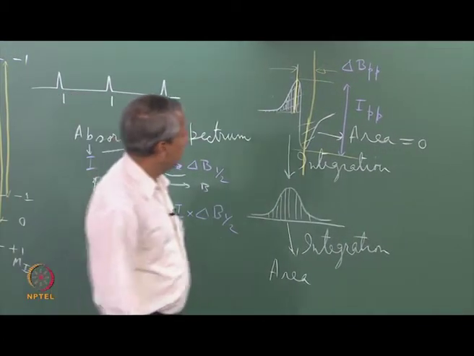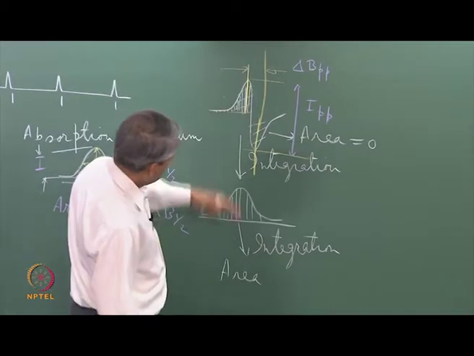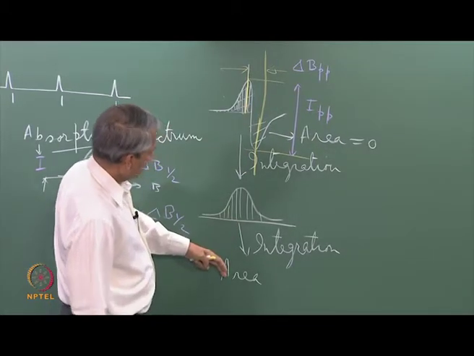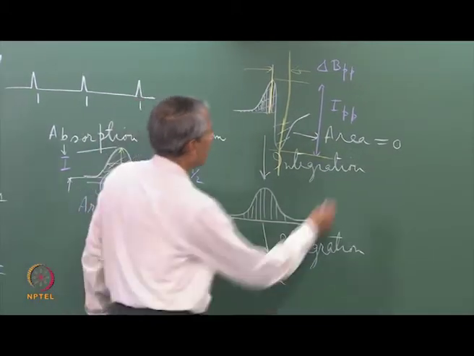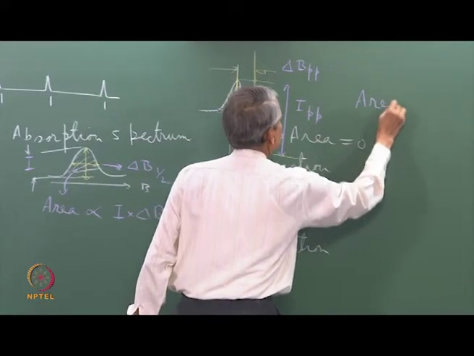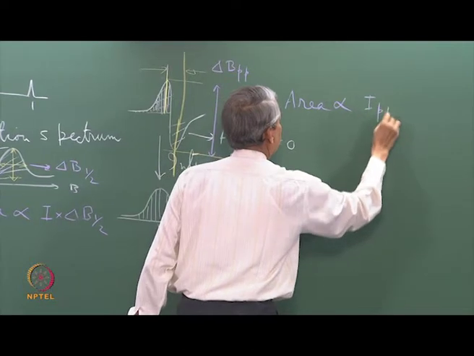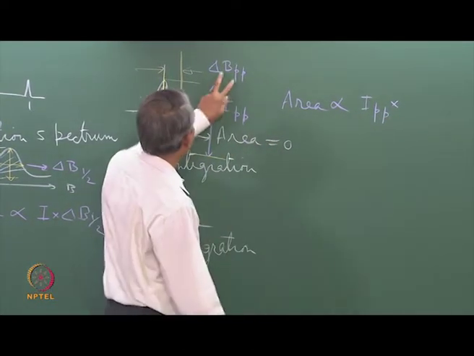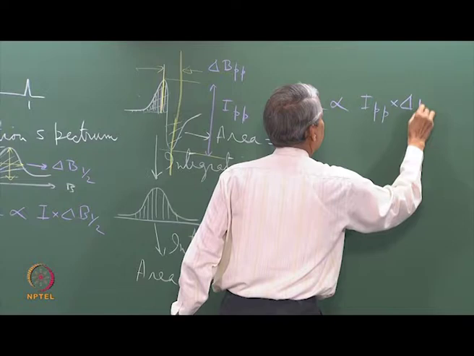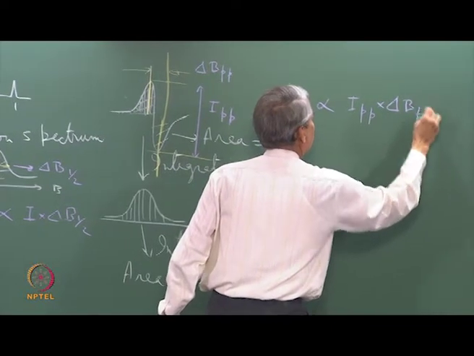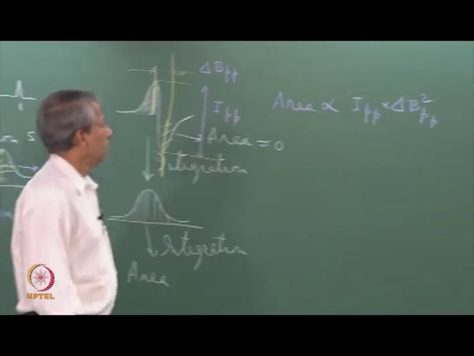So in this case, after doing these two integrations, the area that we find here will be proportional to this I peak to peak times the width, delta B peak to peak, square of that.